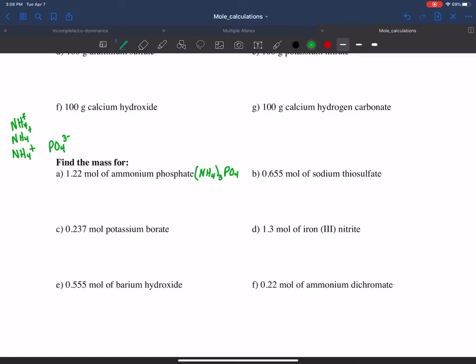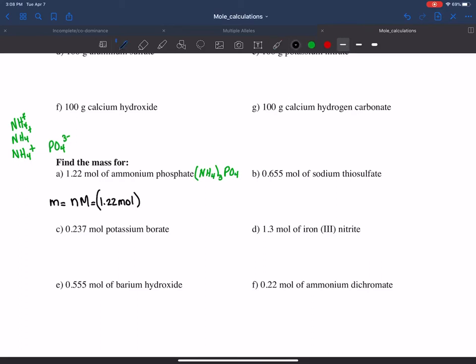And so now when I look at the formula for this, I'm finding the mass. So it's number of moles times molar mass. I have 1.22 moles. The molar mass for ammonium phosphate, I'm going to need 3 nitrogens, 12 hydrogens, 1 phosphorus, and then 4 oxygens.